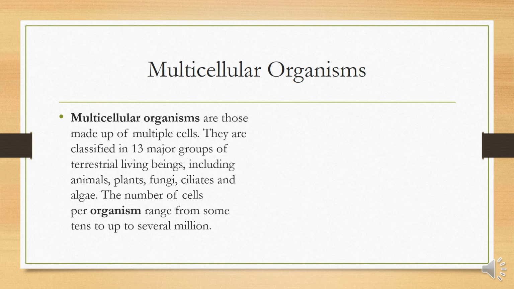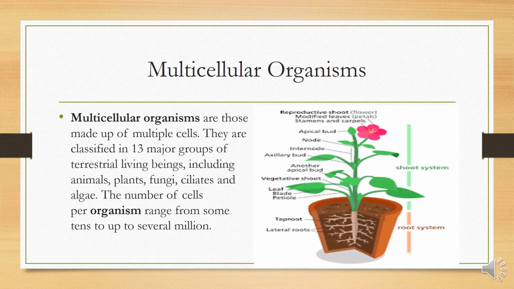The number of cells per organisms range from some tens to up to several million cells. The plant are also made up of cells and organs, tissues, organ system, and itself organisms, plant.